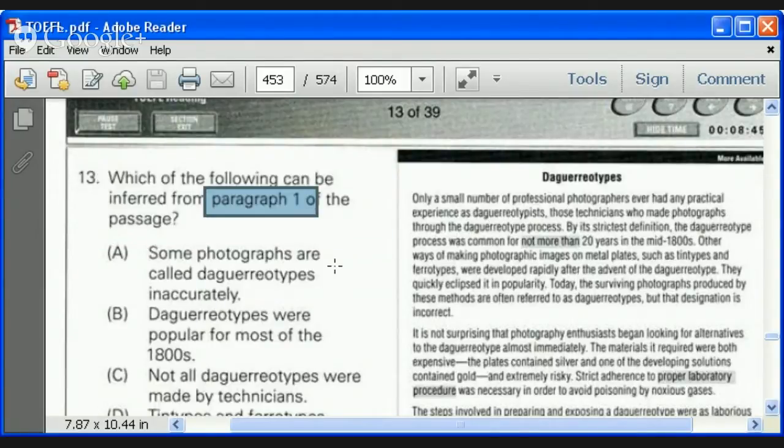Obviously we know where to find the information. An inference question in TOEFL, I might add the same holds true for IELTS. They have the same exact type of question in IELTS, in case anyone is practicing for that exam.